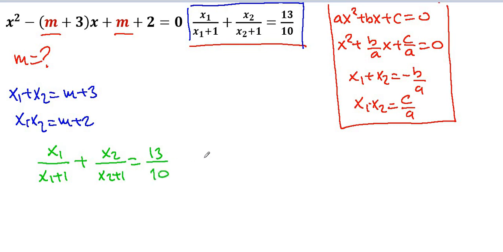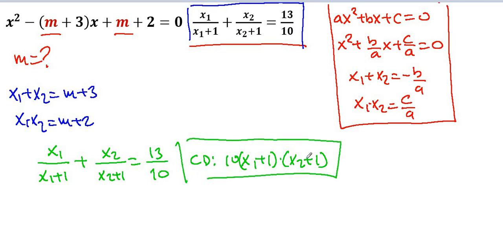And we see that the common denominator here is 10 times x1 plus 1 and times x2 plus 1. So this is the common denominator. Here x1 and x2 are not equal to 0.